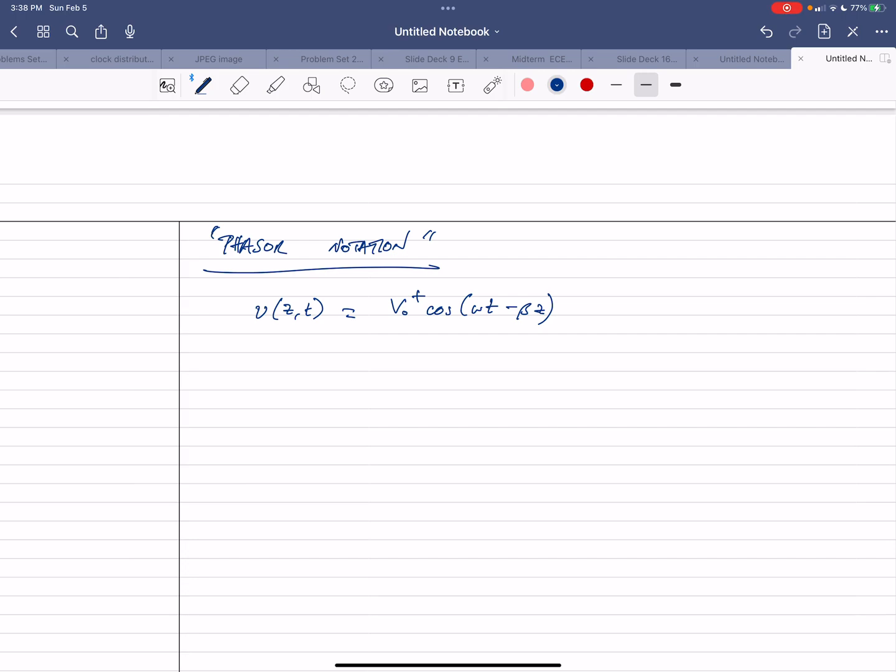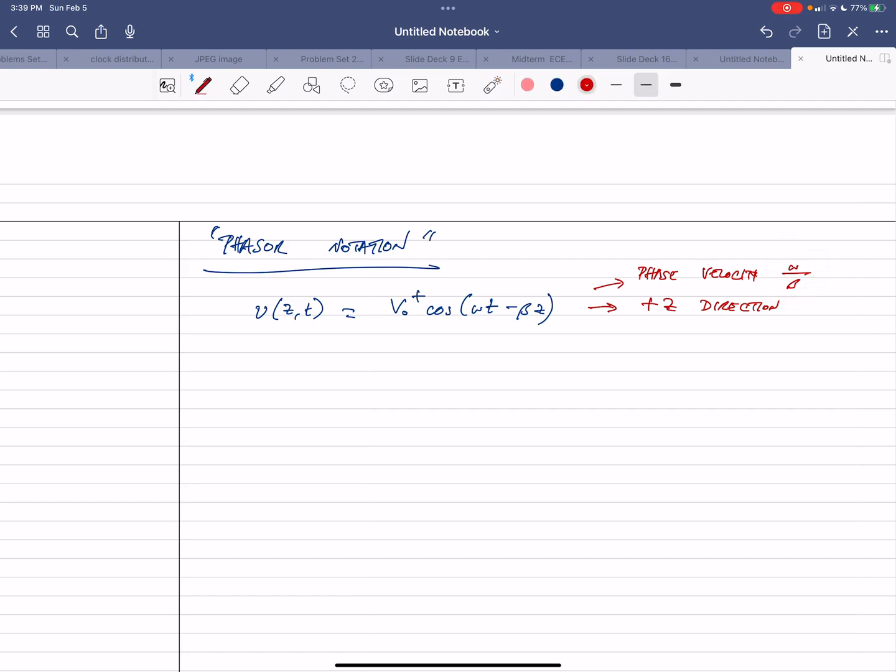So this is a traveling wave function that has a phase velocity of omega over beta, and it's traveling in the plus z direction. So that's what we know. This is a cosine wave traveling in the plus z direction. It has an amplitude V0 plus and a phase velocity omega over beta.